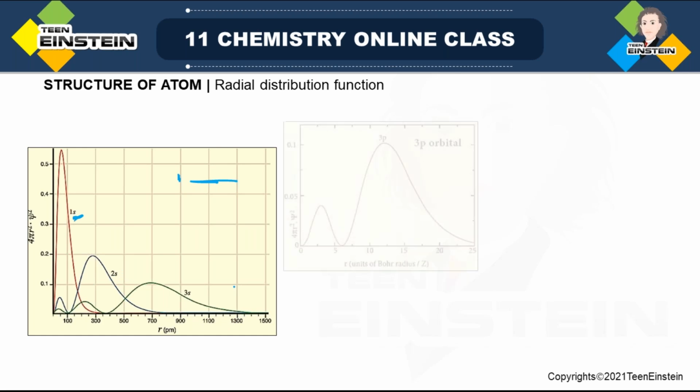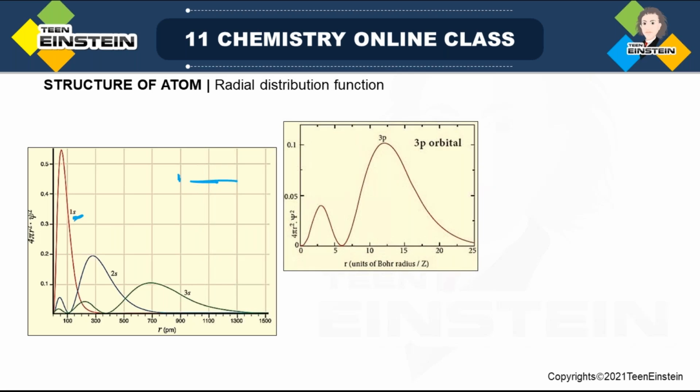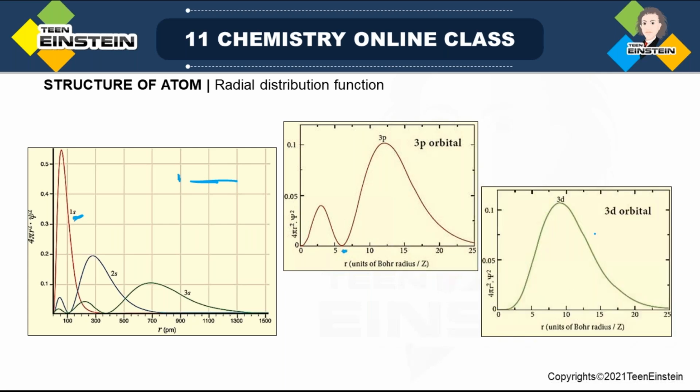Next we'll see how it is for 3p. For 3p you can find some similarity with 2s, and there are two humps. One point is there which is touching 0. Then we also have this picture which is 3d. For 3d there is only one hump. There is some similarity with 1s, but obviously it is not exactly the same.